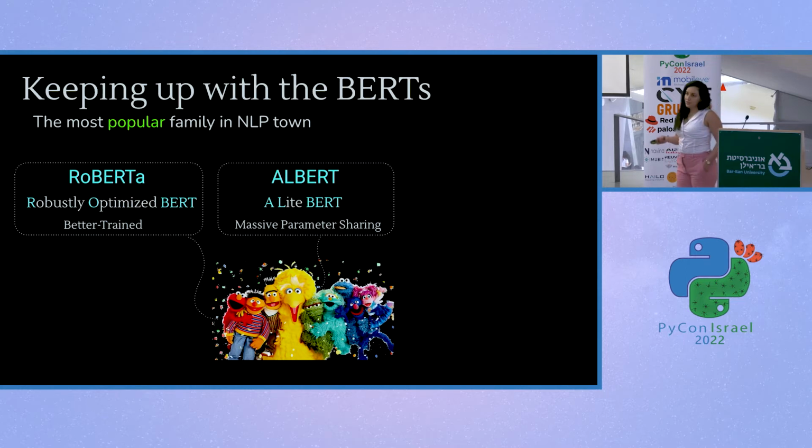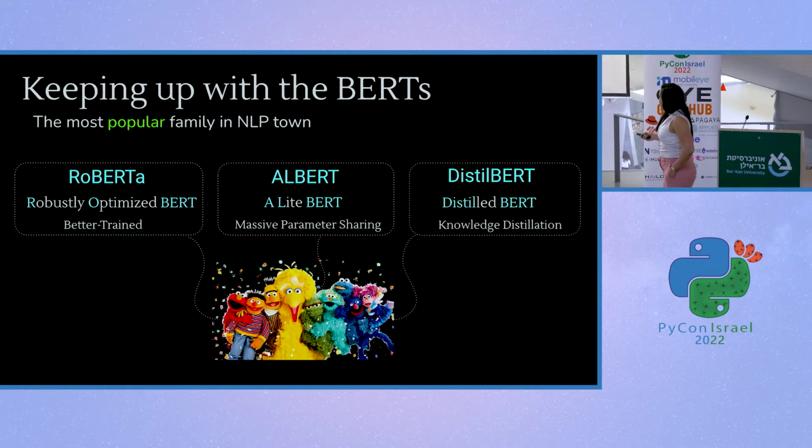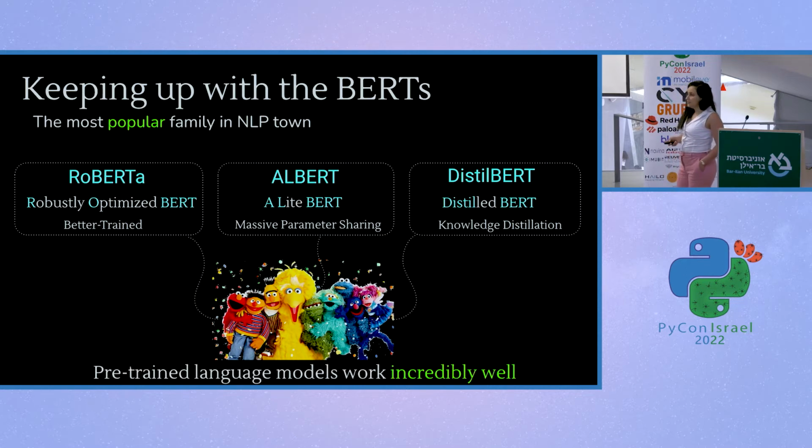Here we have some cool innovations actually. The main idea is massive parameter sharing that should help with overfitting. And also we have DistilBERT. It's based on knowledge distillation, the idea of compressing a large model to a smaller one. And we use these models all the time, so they work incredibly well.